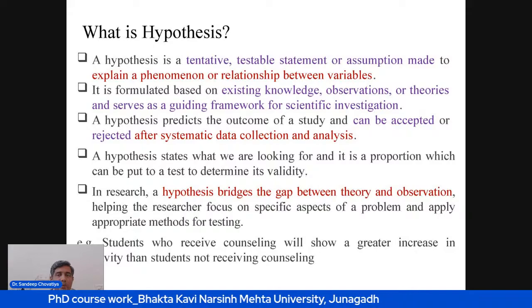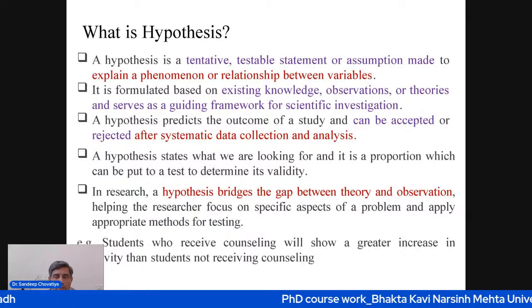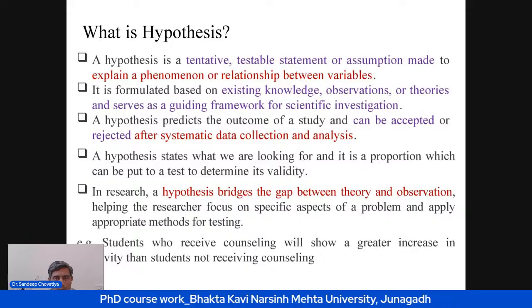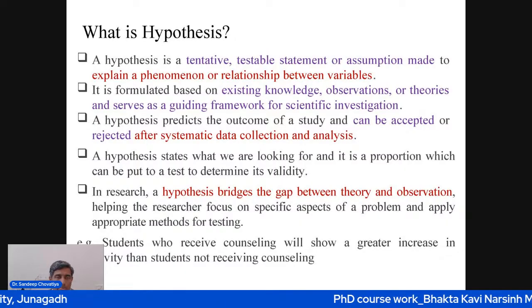Likewise, we have some basic knowledge. We observe these phenomena: if we irrigate one time, two times, or three times, it also helps us improve crop production. Then whatever our theories are, we correlate all these things for our hypothesis.